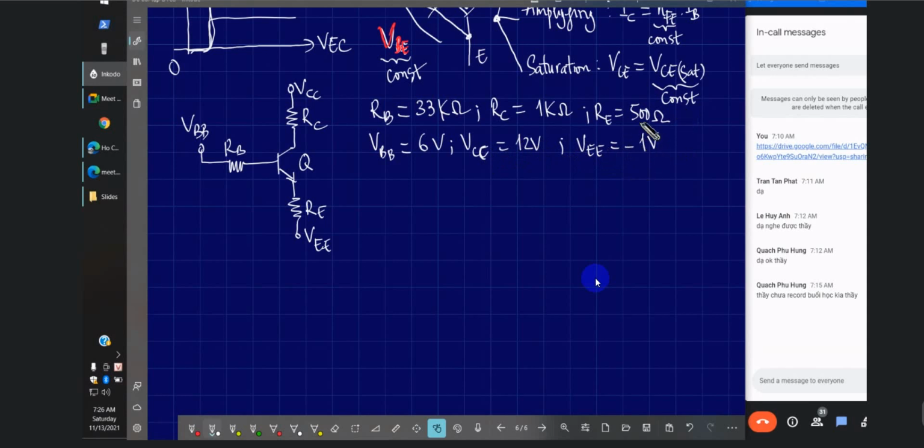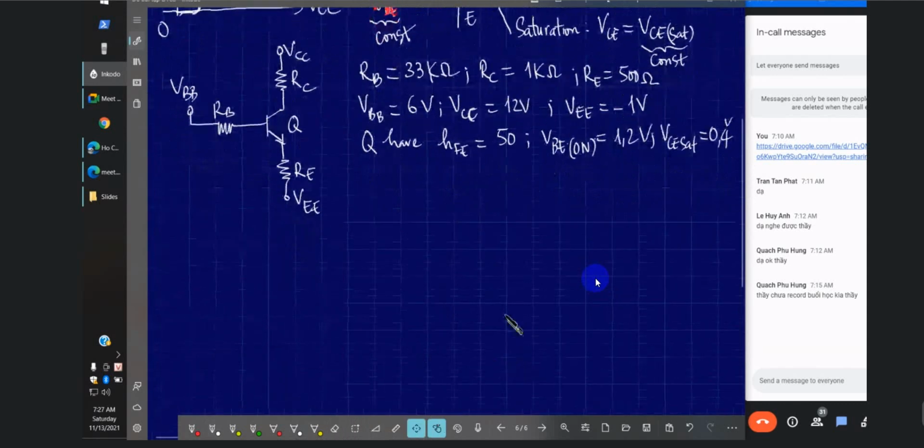And then Q has HFE around 60 or 50. VBE on is 1.2 volts, and VCE saturation is 0.4 volts. And that is it.